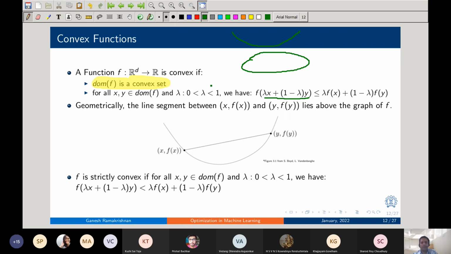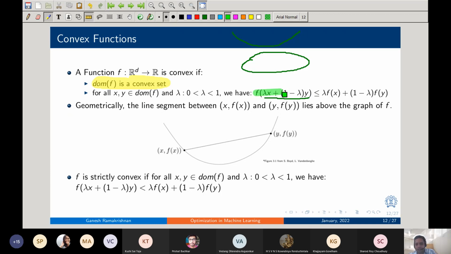Secondly, what we require is that the function at the convex combination of 2 points is a lower bound to the convex combination of the function values. So this is the interesting new twist to the story.